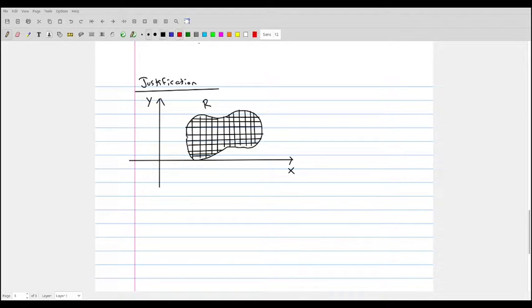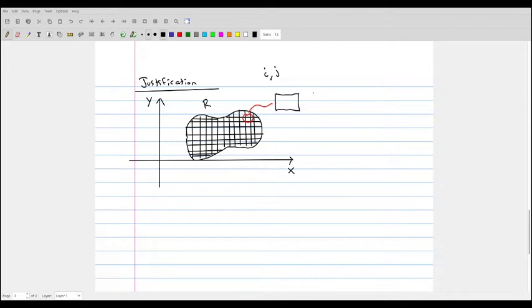And if we zoom in on one of these pieces and evaluate it, let's say this piece corresponds to the ith cut along the x-axis, and the jth cut along the y-axis.